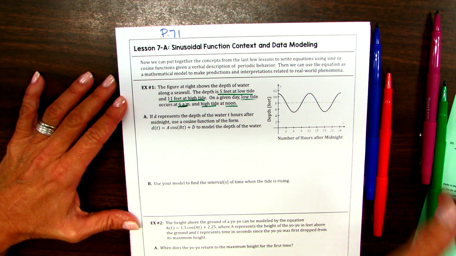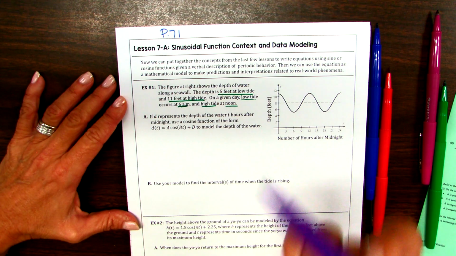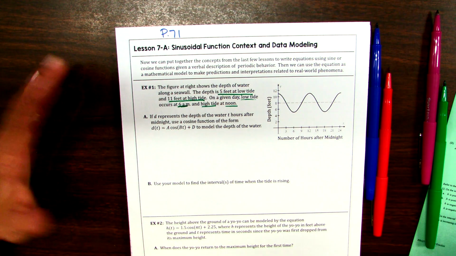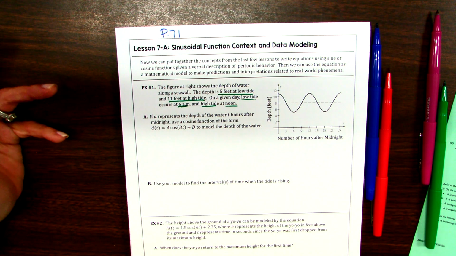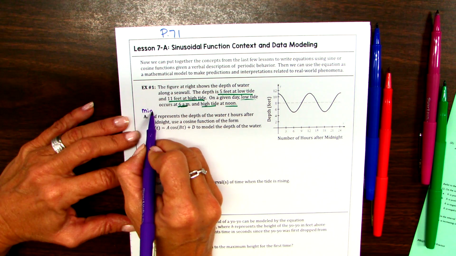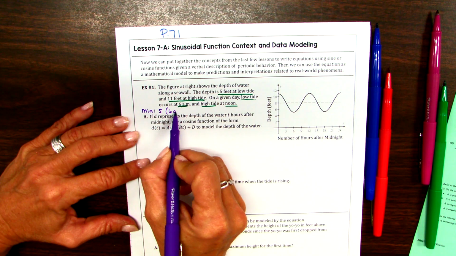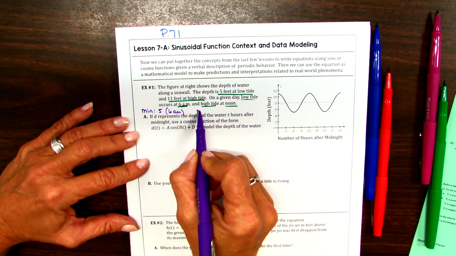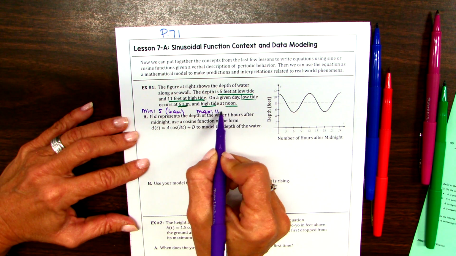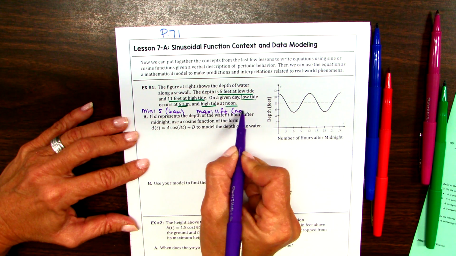What could we translate low and high to in math language? Min and max, right? So we have a min of 5, which occurs at 6 a.m. That was given to us, and a max of 11 feet that occurs at noon.